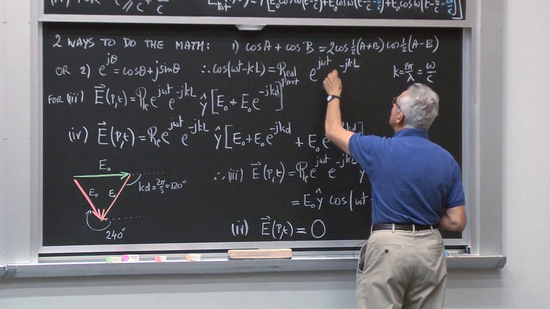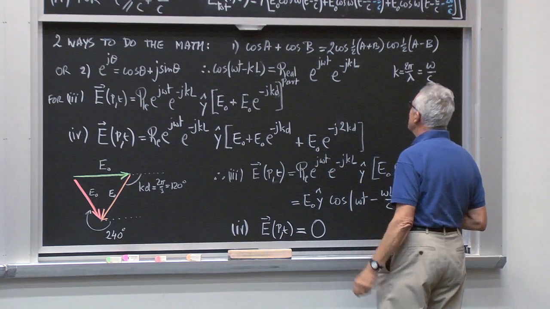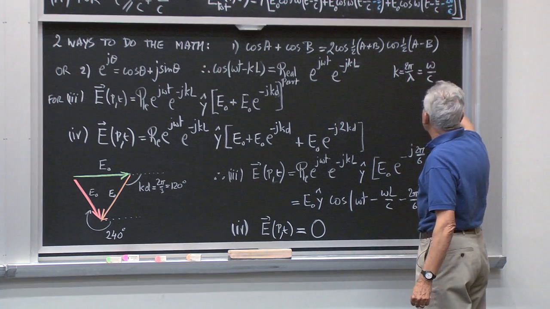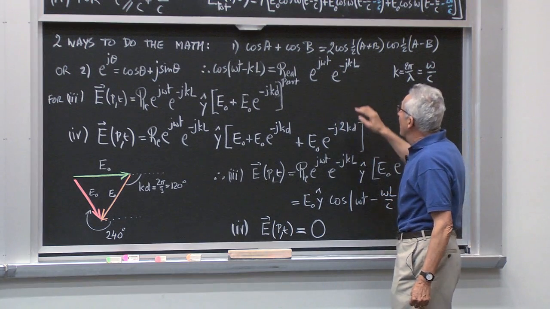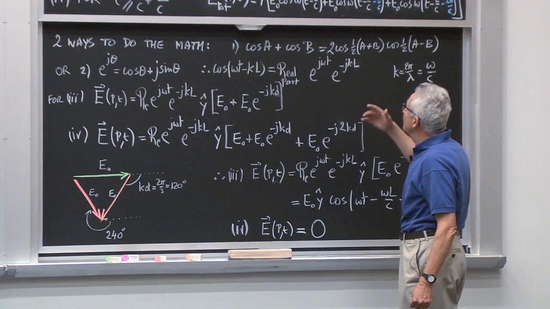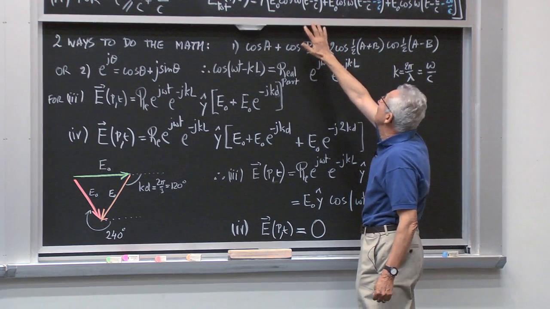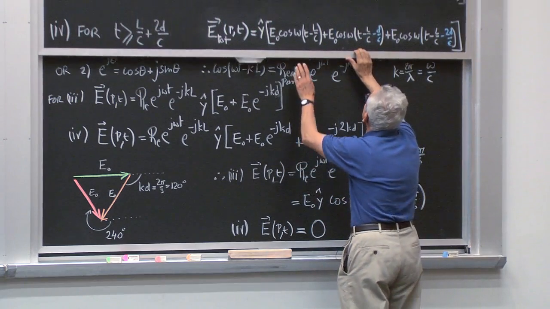So it's e to the j omega t times e to the minus j kl, where here I'm just reminding you what k, omega, c, etc. is.